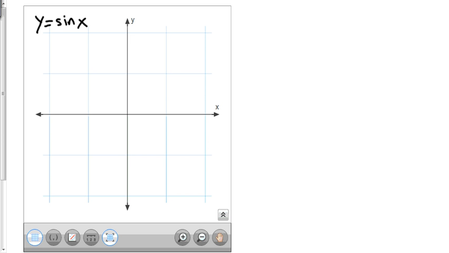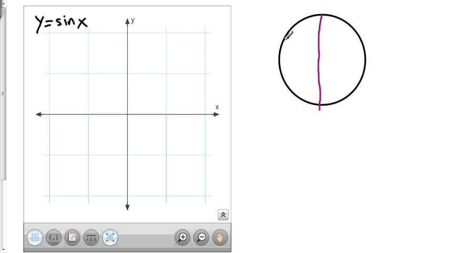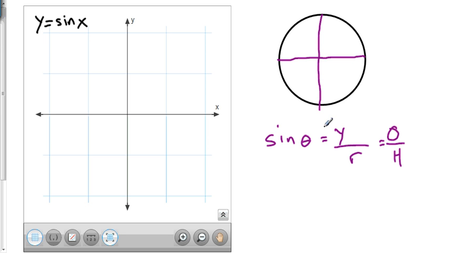First of all, let me draw a unit circle here. Hopefully we remember sine theta equals y over r, which is opposite over hypotenuse.